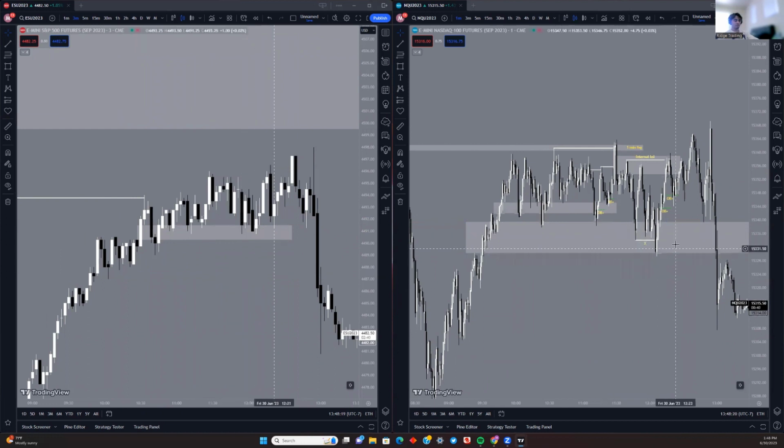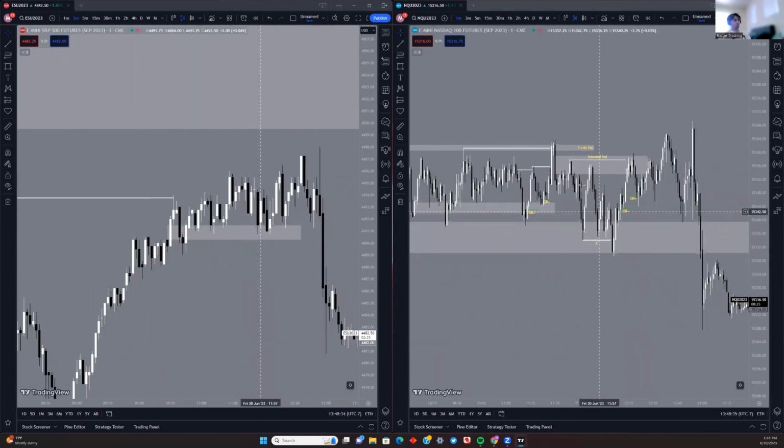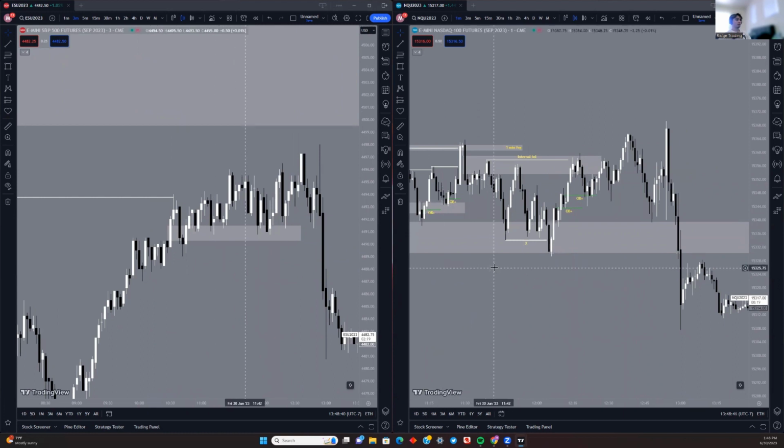Despite this liquidity being taken and stuff like that on the smaller time frames, this 3-minute FVG continued to hold on ES. And this is just another thing that continued my bullish bias whilst NQ was breaking down here. I knew that as long as this FVG is holding and we're taking these order block entries, likely the bias is still to the upside.